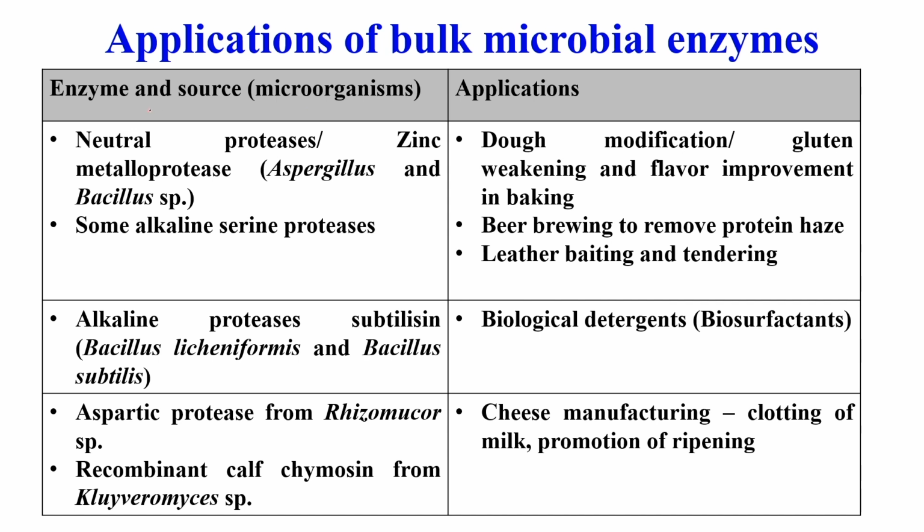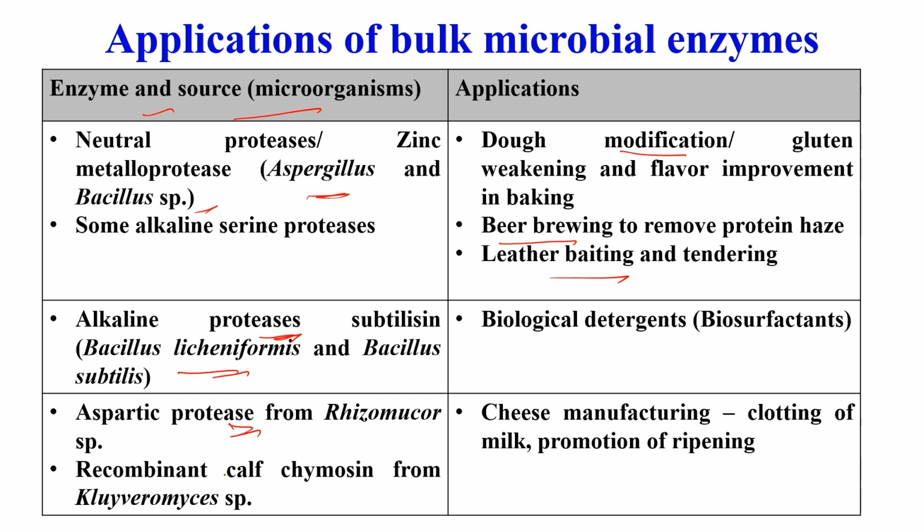a few common enzymes and their microbial sources, like protease produced by Aspergillus and Bacillus species, and their application in dough modification, gluten weakening, beer brewing, leather bating and tenderizing. Alkaline proteases are produced by Bacillus species.